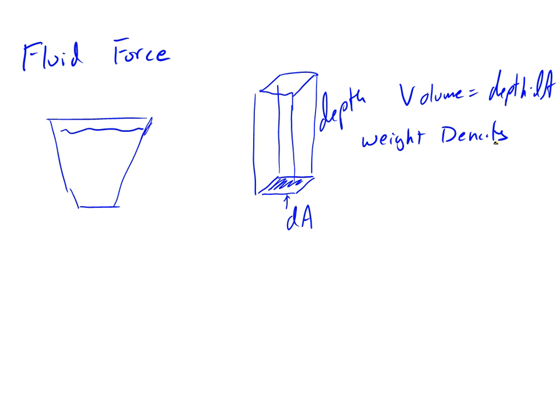So the weight density of water would be 62.5 pounds per cubic foot, or in metric you might say 9,800 newtons per cubic meter. You've got to be careful because sometimes in metric they'll give you the mass density, kilograms per cubic meter, in which case you then have to multiply that by the acceleration of gravity to get the force.